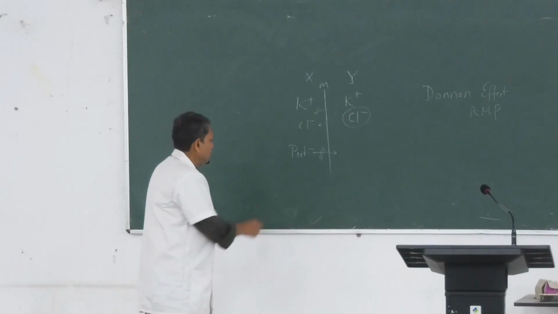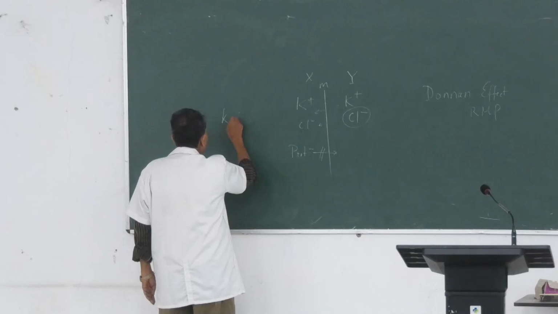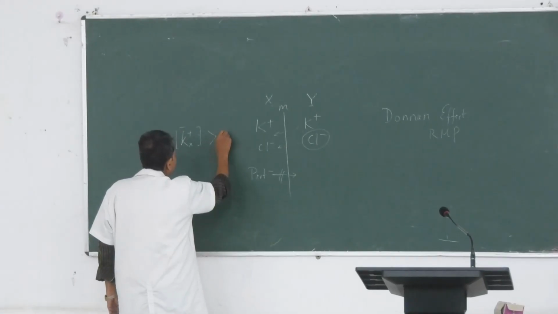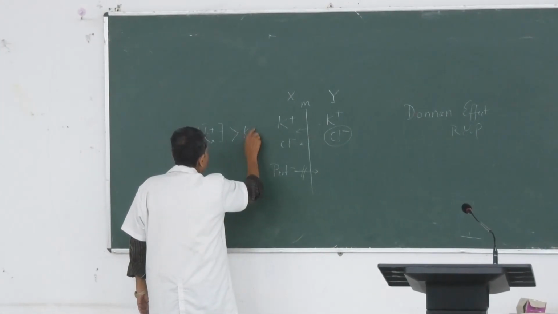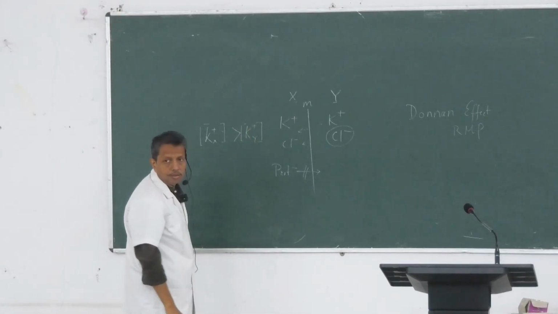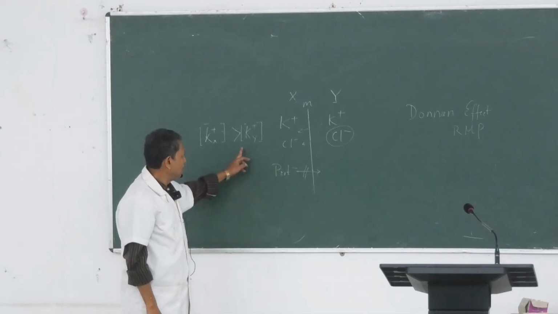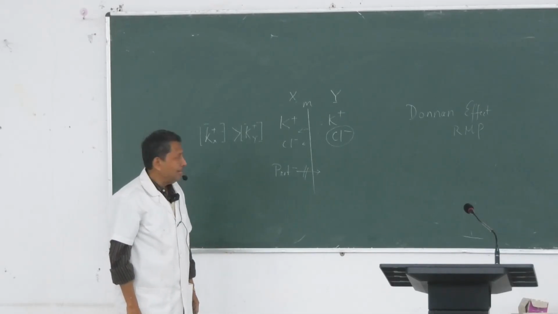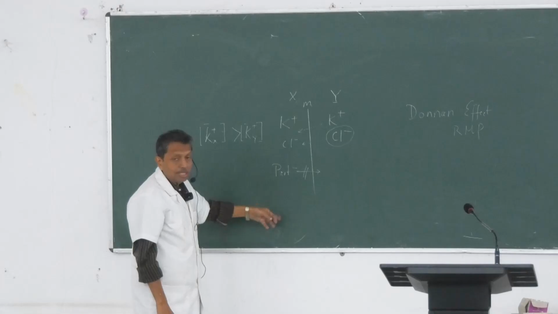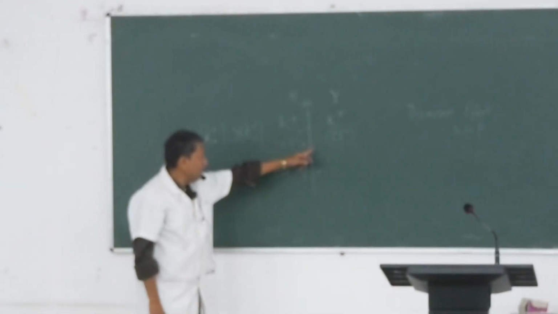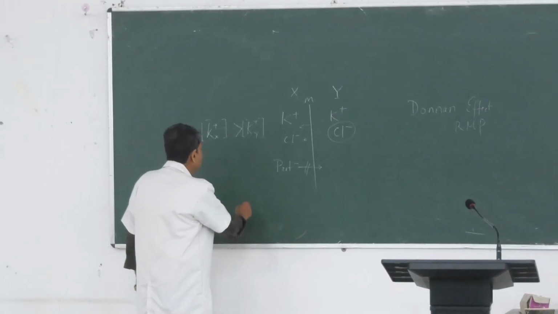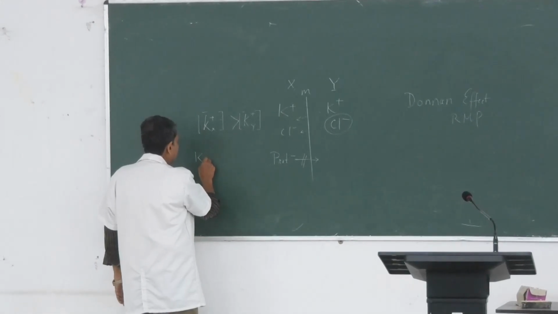And in that condition, the potassium ion concentration on the side X will be more than the potassium ion concentration on side Y. And this total elements on this side is more than the total elements of this side, whatever it may be, ions. That is on the X side, that is this potassium.